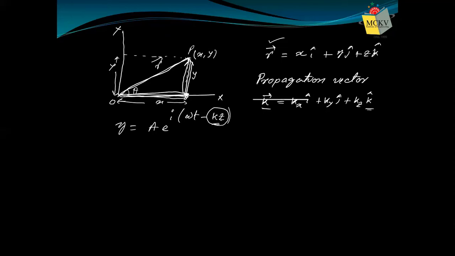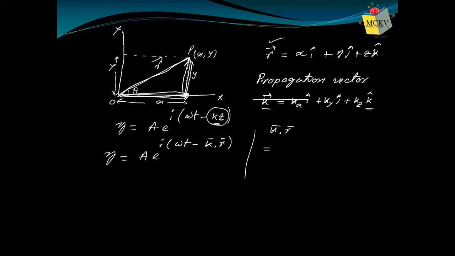For that, it is written as y equals a, that is amplitude, e to the power i omega t minus k dot r. What is k dot r? We know k, we know r. So take the dot product, k dot r.